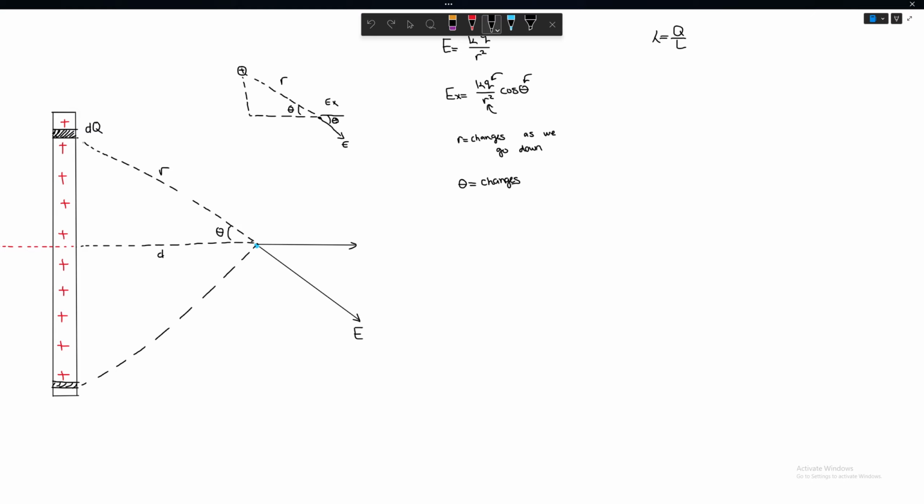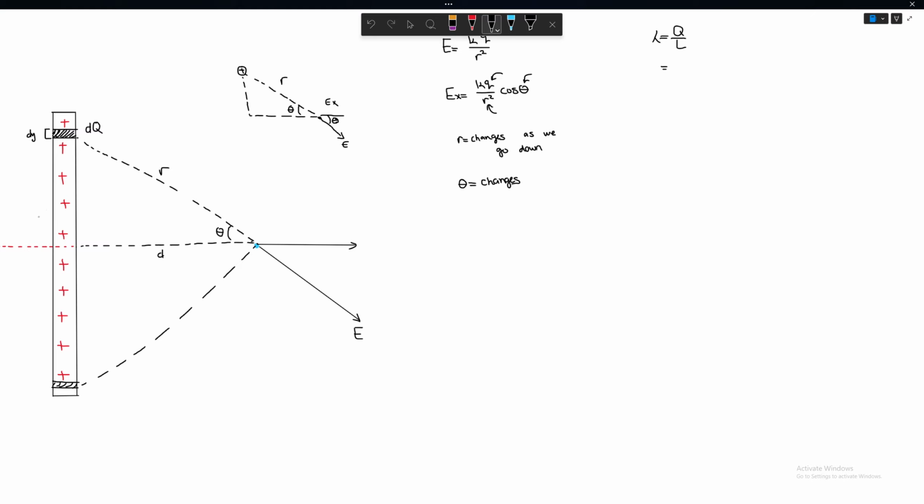I'm gonna call the charge here dq, and I'm gonna call the length of this, let's assume this is a tiny rod, and this rod has some charge dq, and it has some length dy, right? And we're like, okay, then my lambda is Q over L, and this Q is for the whole rod, all right?